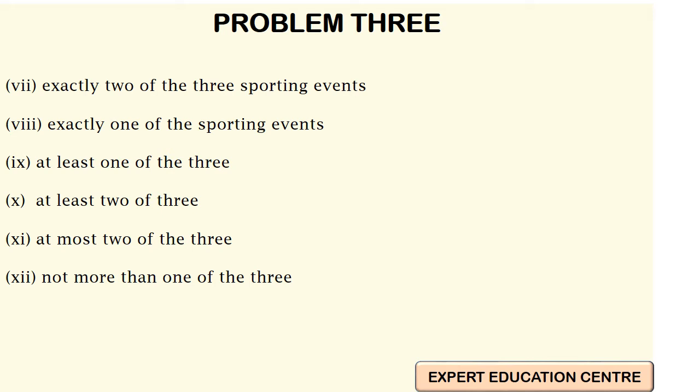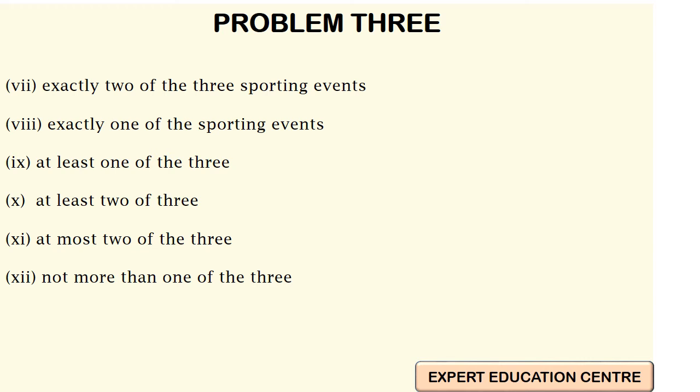But we are going to take away those that watch 3 events only because of the word exactly. So if it says, how many women watch at least 2 of the 3 sporting events, like we have in number 10, at least 2 of the 3, then we'll be looking at those that watch 2 events only, and then those that watch the 3 events.